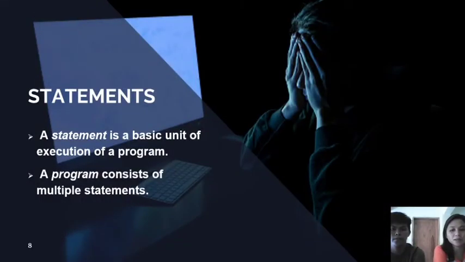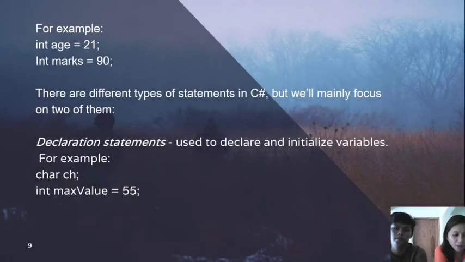C# statements. A statement is a basic unit of execution of a program. A program consists of multiple statements. For example, int age equals 21, int marks equals 90, with a small letter i. In this example, both lines, int age equals 21 and int marks equals 90, are statements.